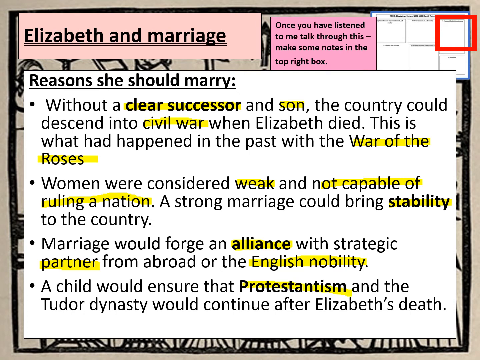So one of the things that people wanted her to do was leave that legacy of being a monarch who had saved Protestantism, and it would continue after her death, and we wouldn't be plunged back into another change in religion. Make sure you pause the video now and jot down those notes in that top right box.